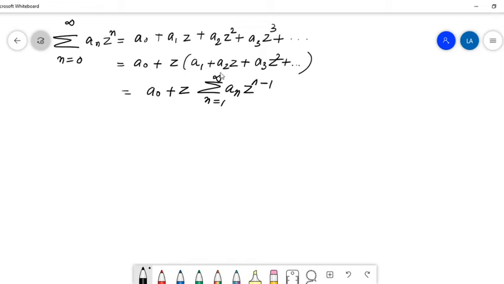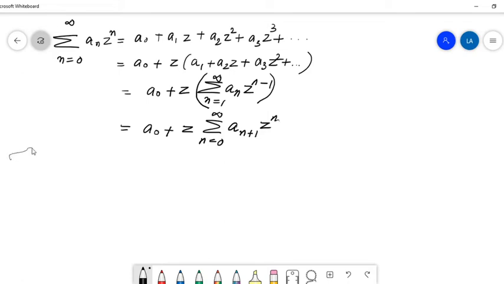So this can be written like this, and that is nothing but what we had rewritten as summation n is equal to 0 to infinity of a_(n+1) into z raised to n.